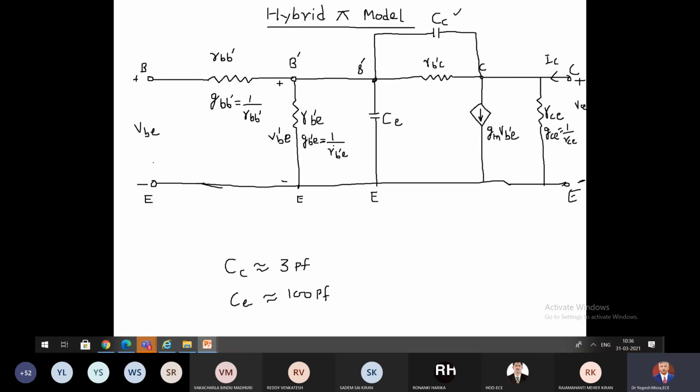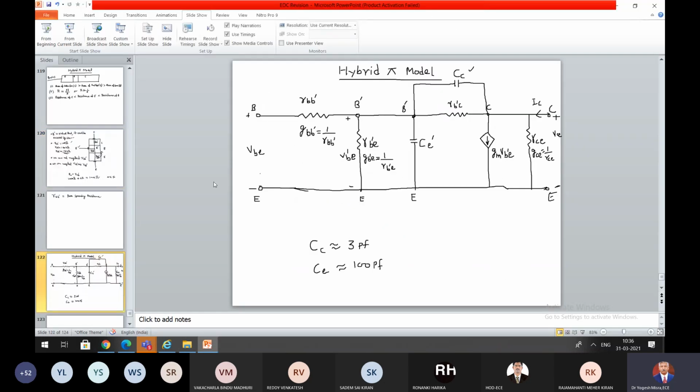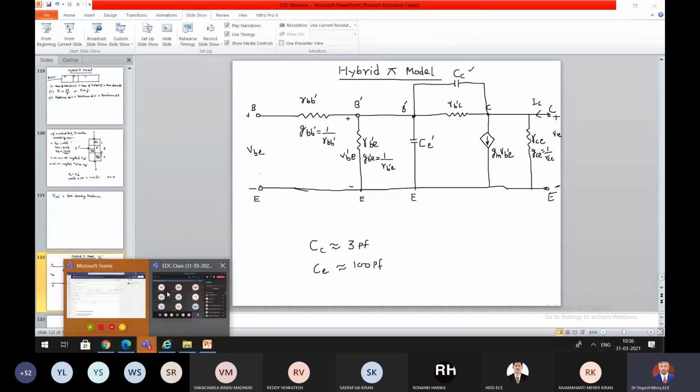These are the typical values. C is this, between B dash and E, right? Okay, so we can stop here, and we will continue from here in the next class.